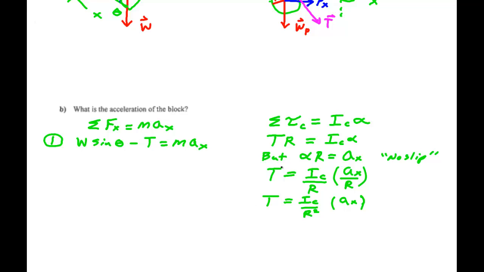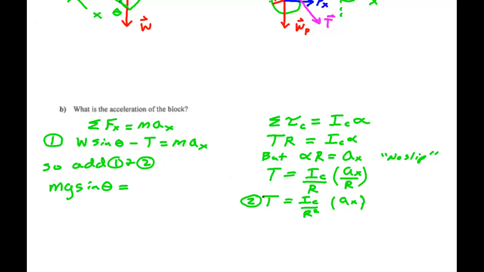I want to combine that with equation 1. And I'm going to do that by adding 1 and 2. When we do that, we're going to eliminate T because we have this minus T and here we have plus T. So we get mg sine theta.